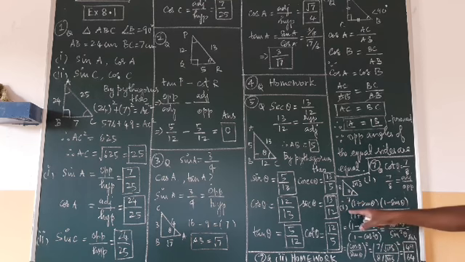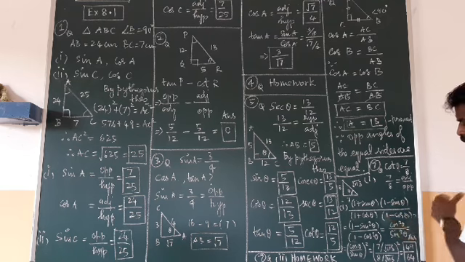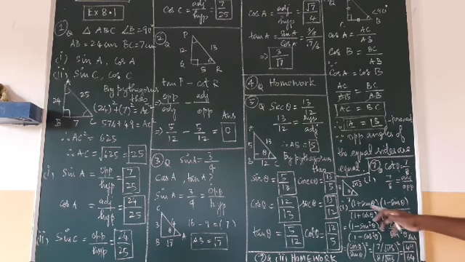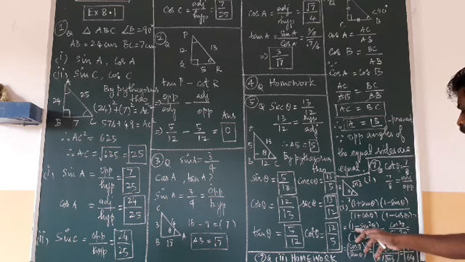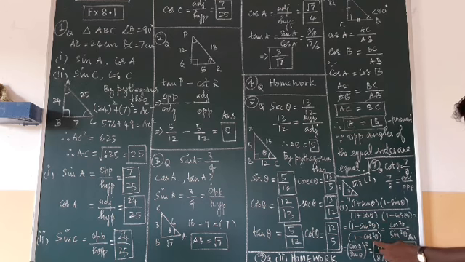Now I am finding the first problem they are asking: (1 plus sin theta)(1 minus sin theta) upon (1 plus cos theta)(1 minus cos theta). You see it is in the form of (a plus b)(a minus b). I am grouping, so I can write it as 1 minus sin square theta upon 1 minus cos square theta.